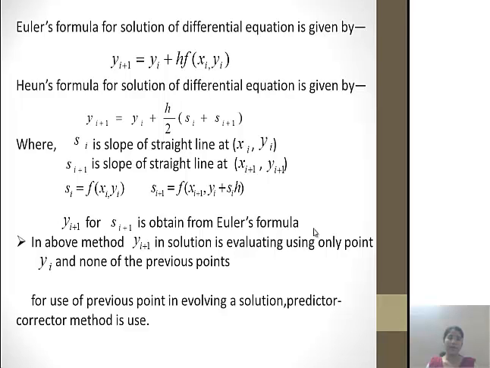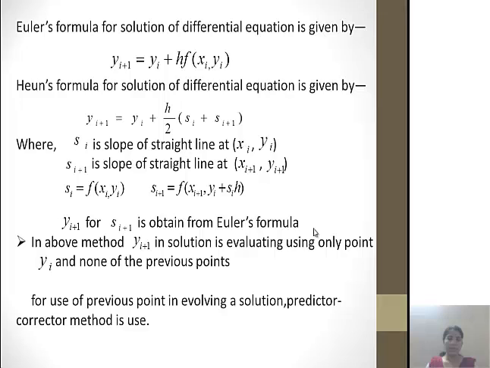Si equals f of xi, yi, and si plus 1 equals f of xi plus h, yi plus si h, where yi plus h si is obtained from Euler's formula.